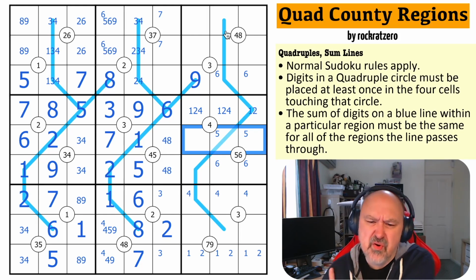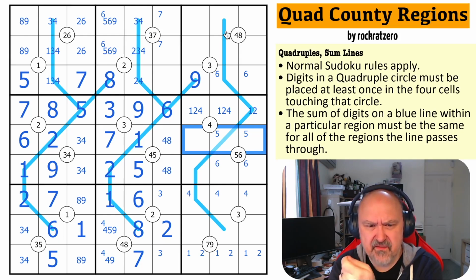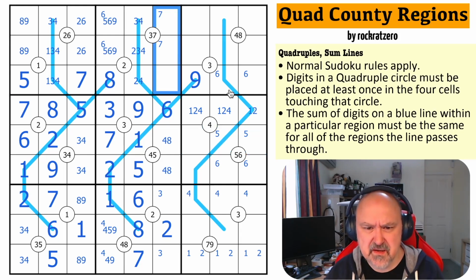I need some more information about this line, but I can't see how to get it. 1, 5, 6, 7, 9 is what is in these.